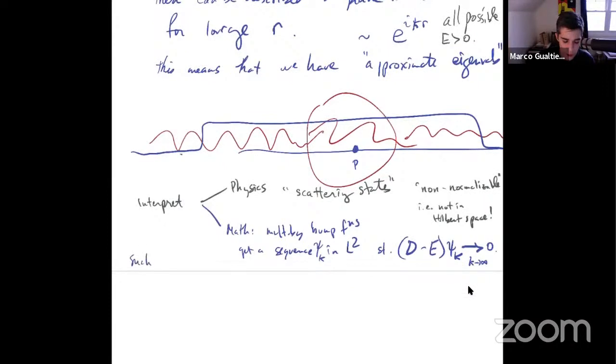And such a sequence implies that E is not an eigenvalue in the usual sense, but it's in the so-called continuous spectrum of the operator. So when you have self-adjoint operators which are unbounded, it can have this type of weird spectrum.